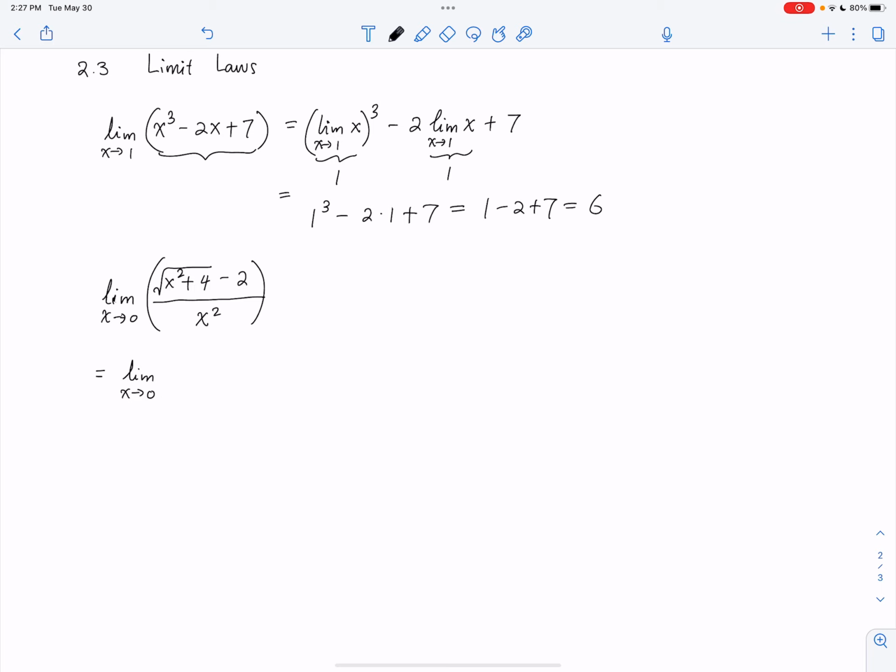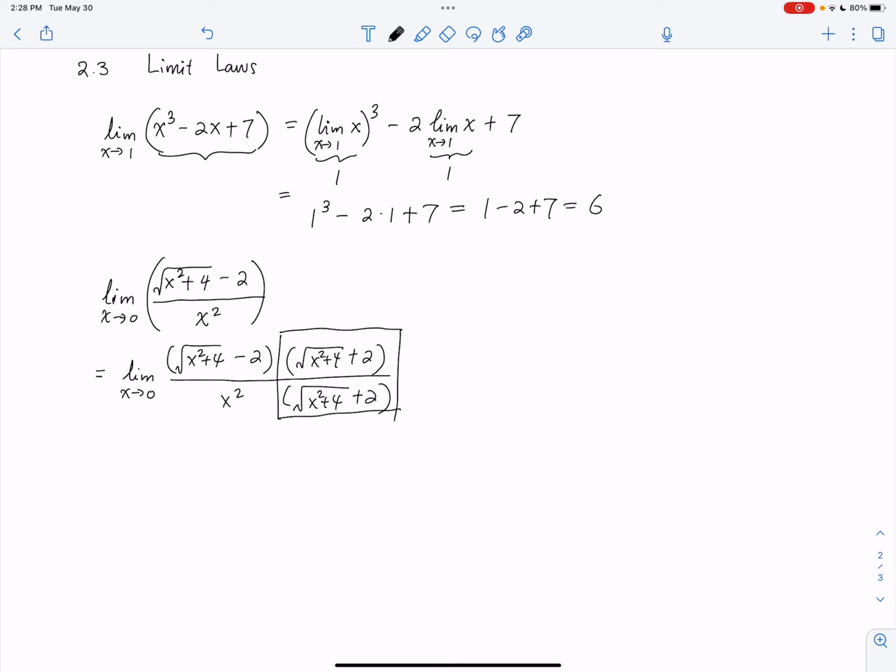Now the trick is, if you see something like a square root minus a certain value, you want to multiply by this square root plus that value. So this is what you can try. You still have x squared, but let's multiply by the square root of x squared plus 4, plus 2, and then multiply by the same thing on the bottom. This is just 1, so basically you just multiply by 1. That wouldn't change anything.